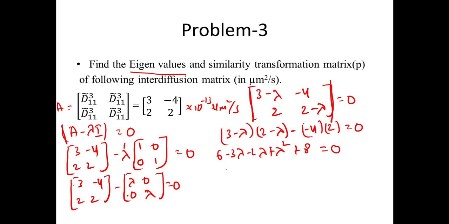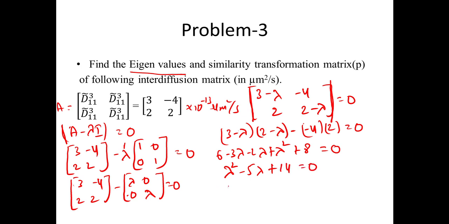Okay, so the quadratic equation will be minus lambda square, this will be minus 5 lambda, and this will be plus 14.